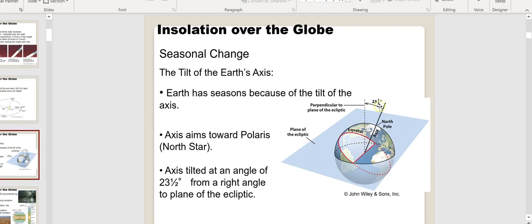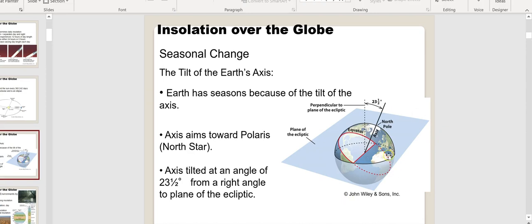So the Earth is tilted on an imaginary axis, and the angle of this axis is 23.5 degrees perpendicular to what we call the plane of ecliptic. Why do we call it the plane of ecliptic? Well, out in space, there's no ground like when you and I walk around. There's some sort of reference point.